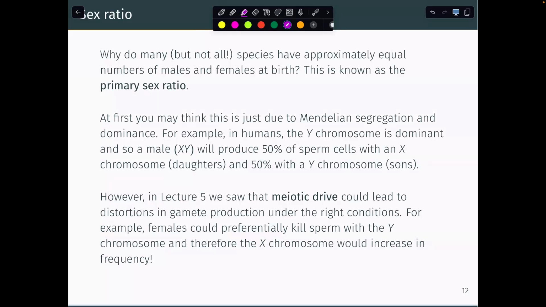We'll talk about cases later in this course where evolution can actually drive populations extinct, which seems a little counter to the idea of survival of the fittest. There's no foresight here. So why don't we see male individuals, the Y chromosome killing sperm with the X chromosome, or likewise females with something on the X chromosome that kills sperm with the Y chromosome, or just rejects them?